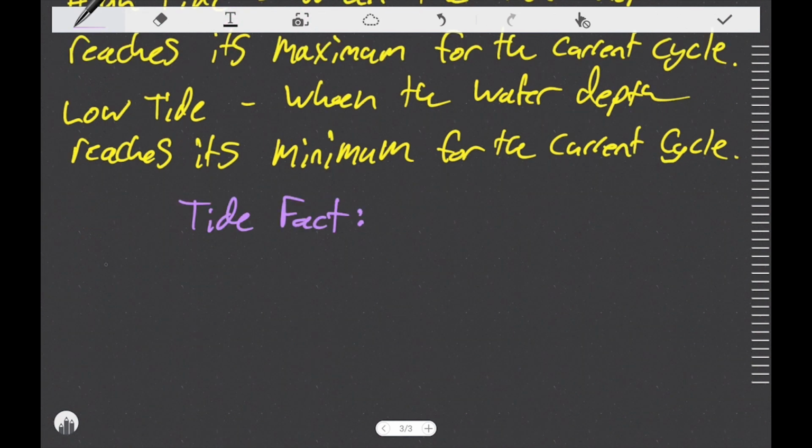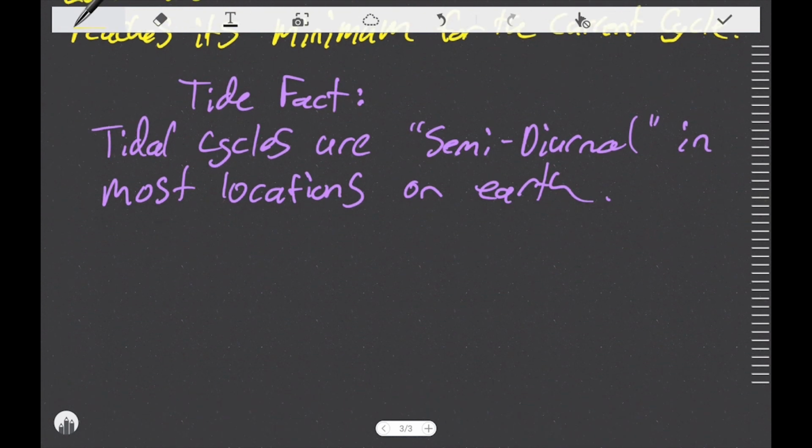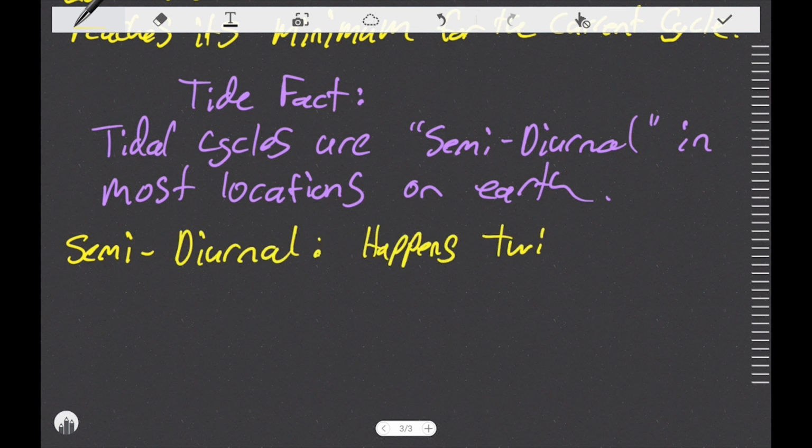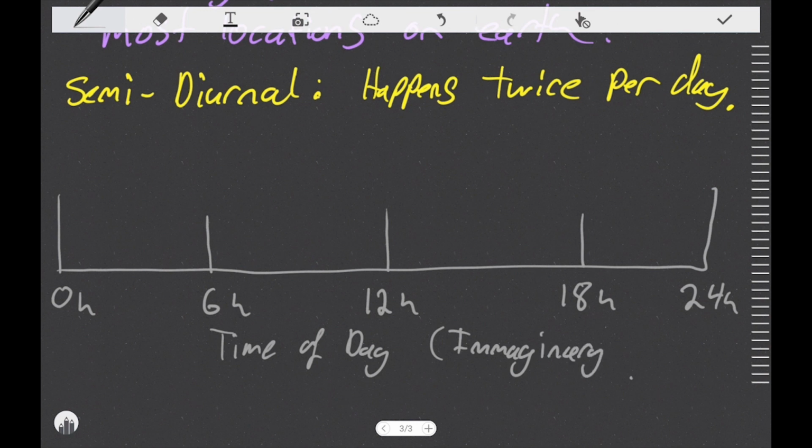And at this point, I'm going to tell you a little tide fact. In most locations on Earth, tide cycles are what we would call semi-diurnal. The word diurnal means daily, so semi-diurnal means that it happens twice per day. So I'm just going to draw a graph of the water depth for some imaginary day.